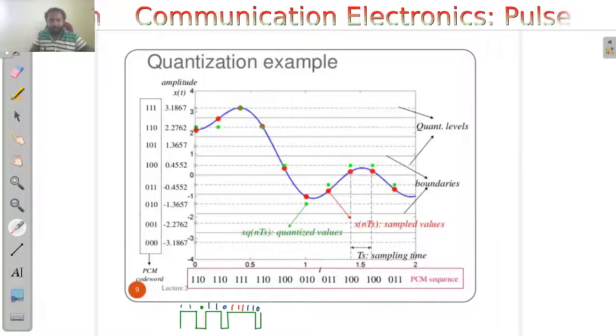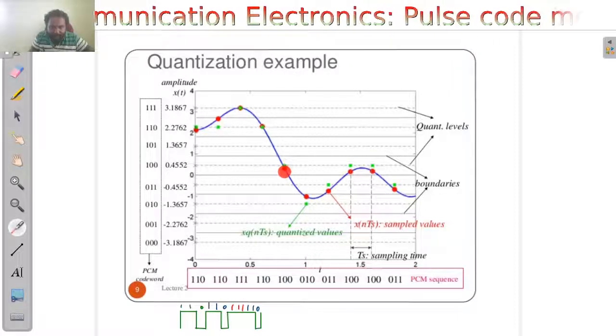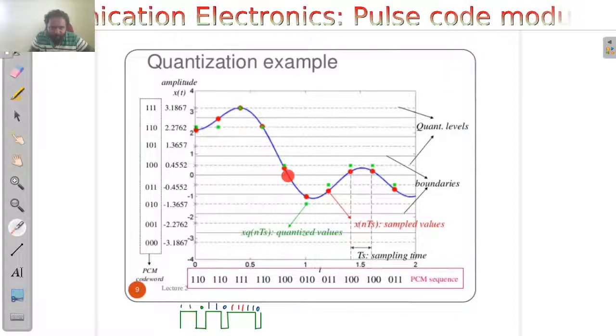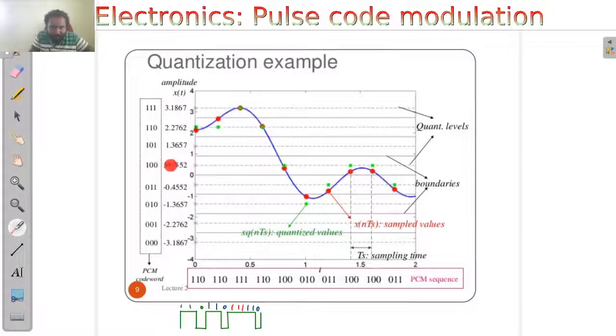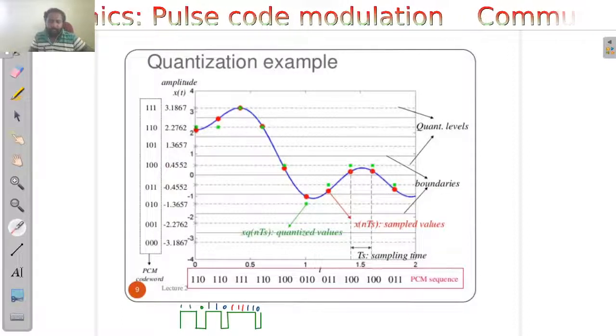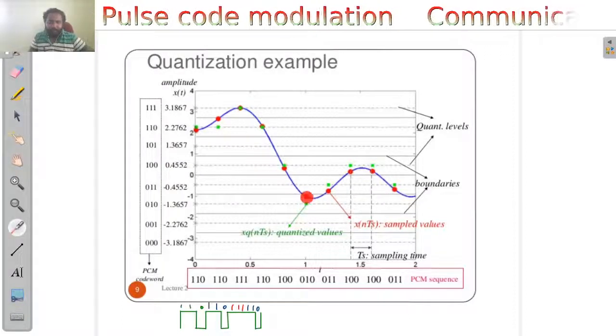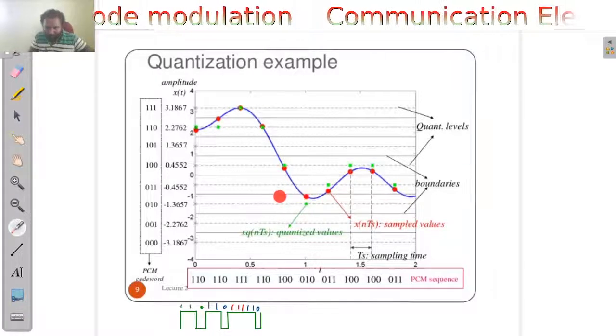Then the fifth one is just below a quantization level and above a boundary, so it has to be approximated to this level, the level 100. And similarly like that. Here you will be approximating it to the level just below, because it is below this boundary.